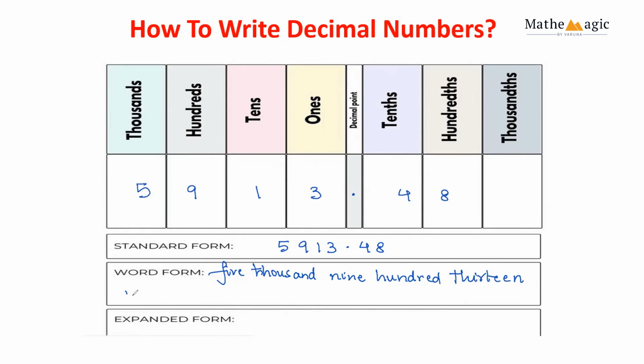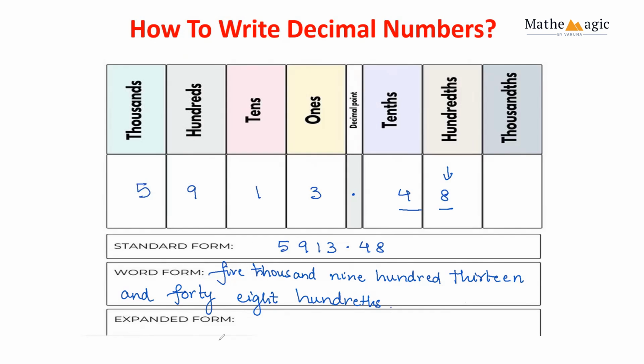Then "and", and this ends at the hundredths position. This number is 48, so 48 hundredths. Simple.